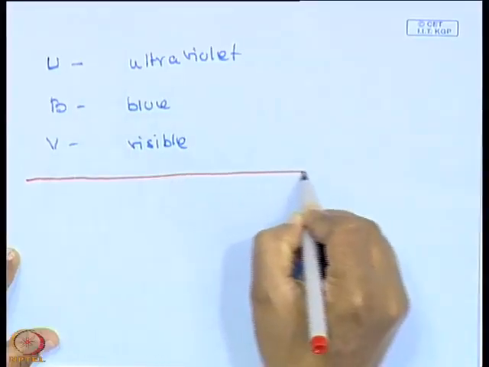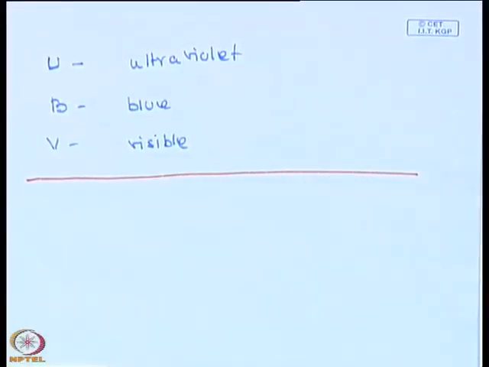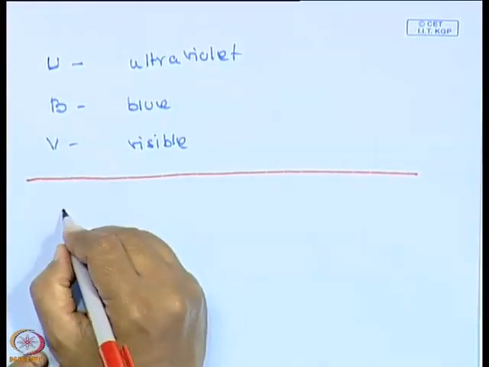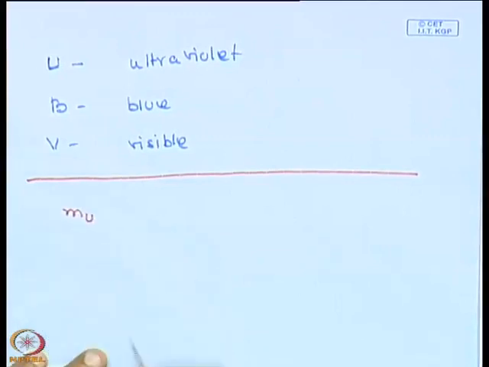So if somebody does photometry and tells you the flux coming from a source, or tells you the apparent magnitude, then you should know the photometric band system in which the observations were done. This is the first thing. Okay. The second point here is that the apparent magnitude in the U band, for example, will be referred to as mu.